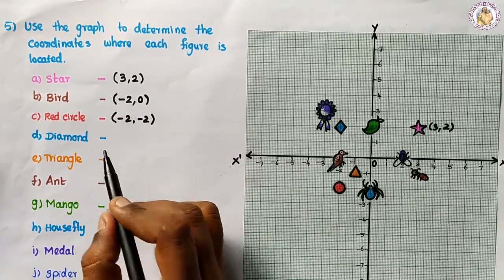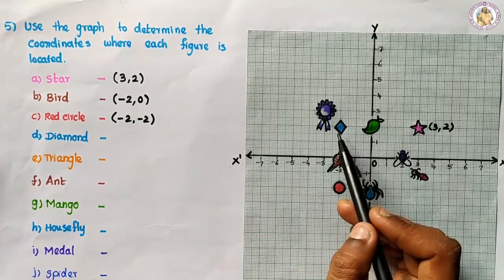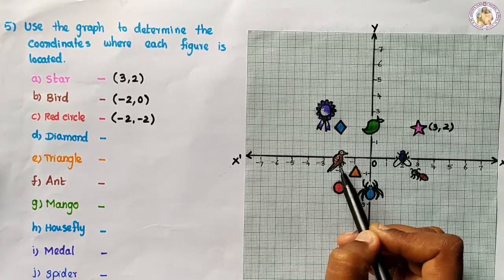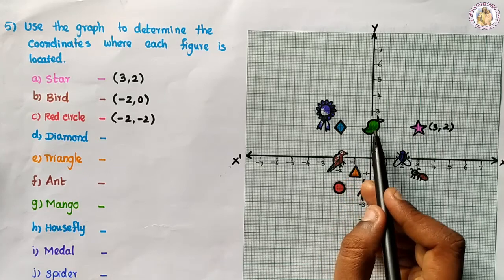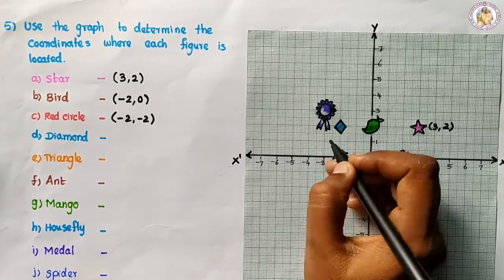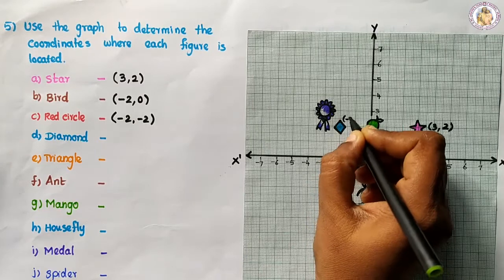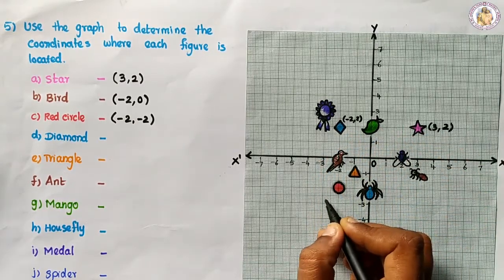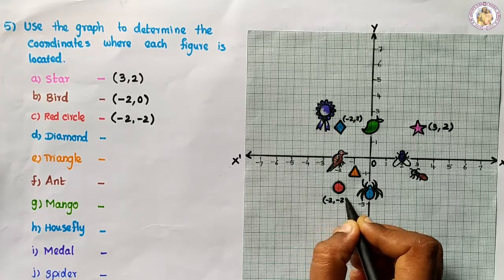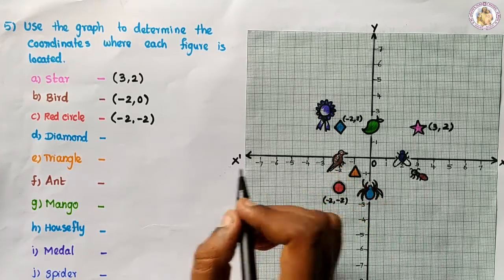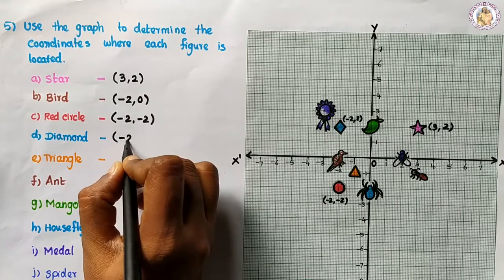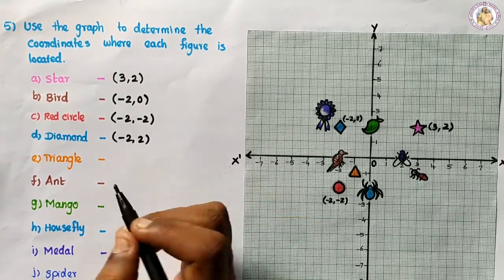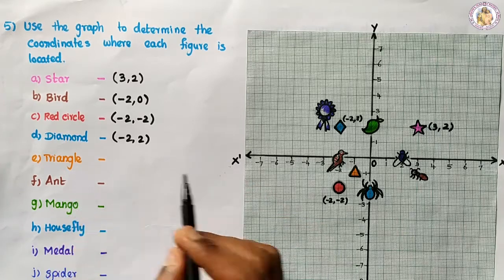And then diamond. Here diamond. X-axis is what? Minus 2 and y-axis is plus 2. Write down minus 2 plus 2. Red circle is minus 2 comma minus 2. So diamond is minus 2 comma plus 2. And then triangle.